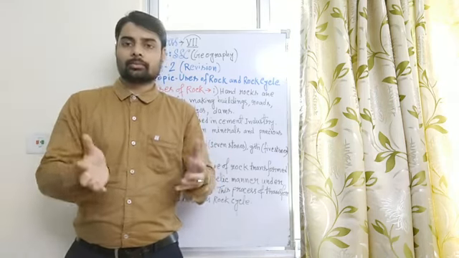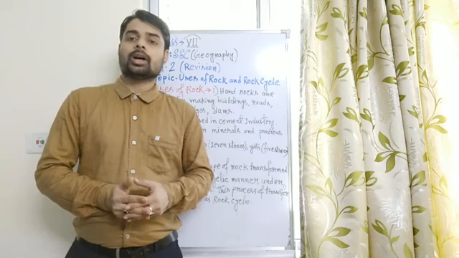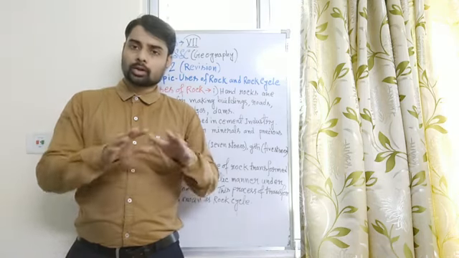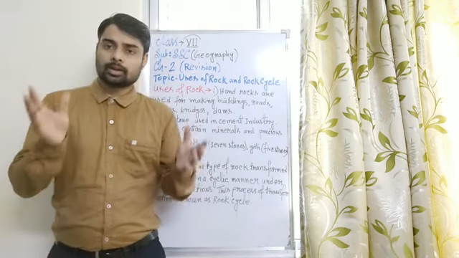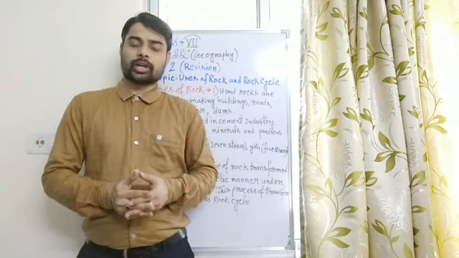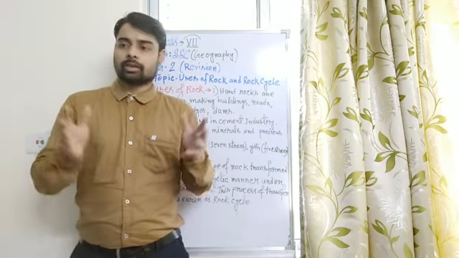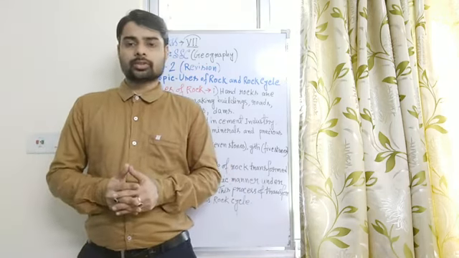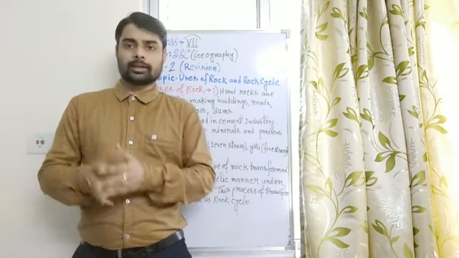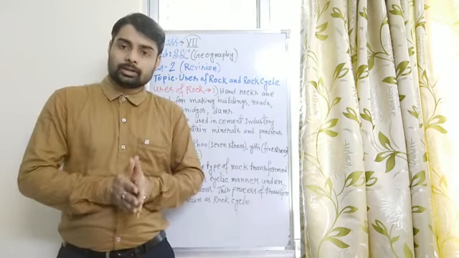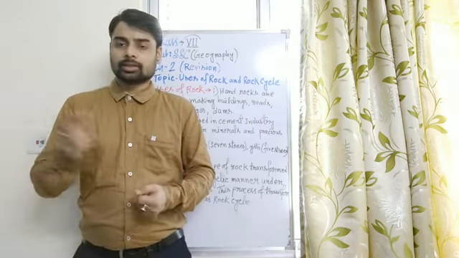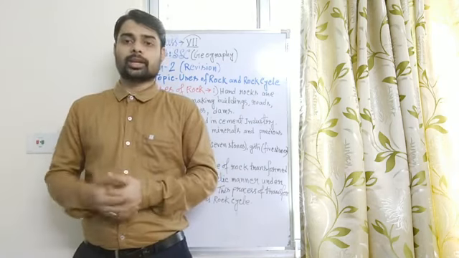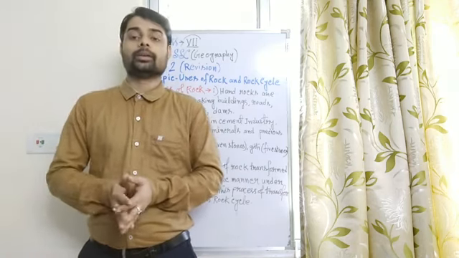So most things are made up of steel, either the corrugated sheets, the utensils, the cars, the trains, etc. The tools and equipment are also made of steel and iron. Another one, aluminium. Aluminium is also very important to make utensils, as well as aeroplanes, the body of the aeroplane.